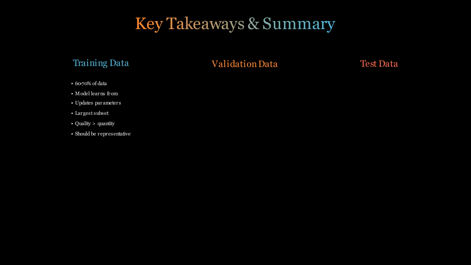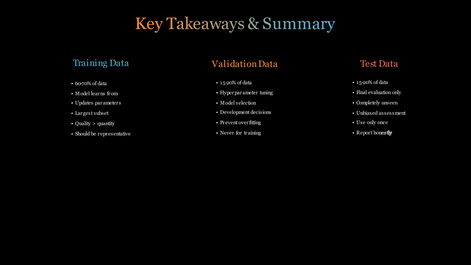Let's summarize the essential concepts we've covered about data splitting in machine learning. These principles will serve as your foundation for building reliable, trustworthy machine learning models. Here's our 3-part summary. Training data, typically 60 to 70% of your dataset, is where the model learns patterns and updates parameters.